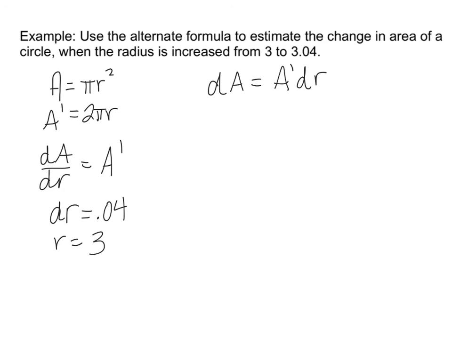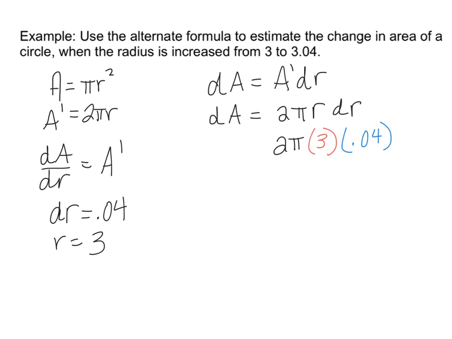The dr is the change, so that's going to be 0.04. r is going to be 3. And so we have dA equals 2 pi r dr. If we put in the values, r is 3 and dr is 0.04, and this is 0.754.